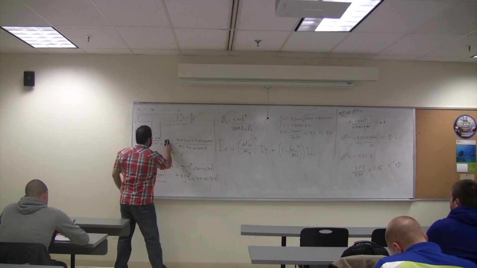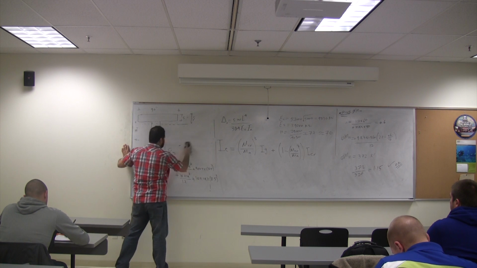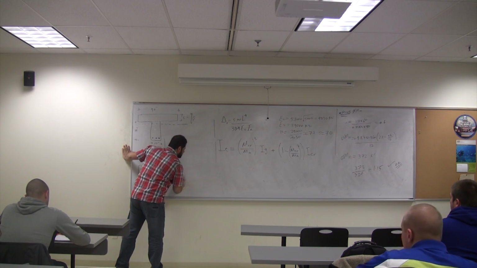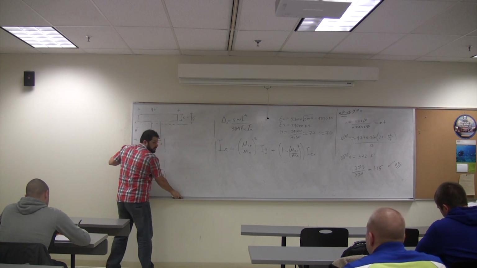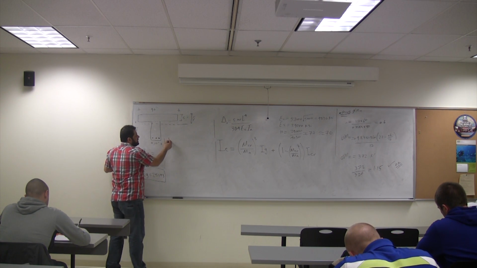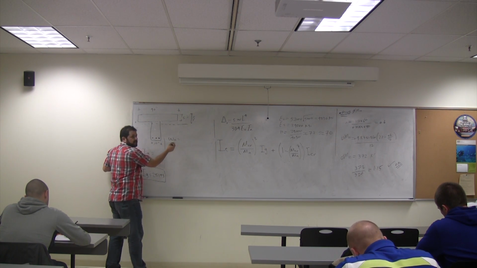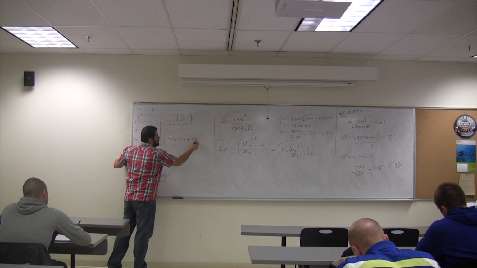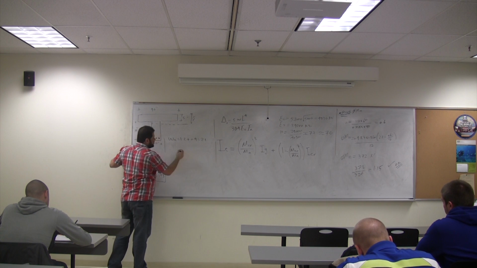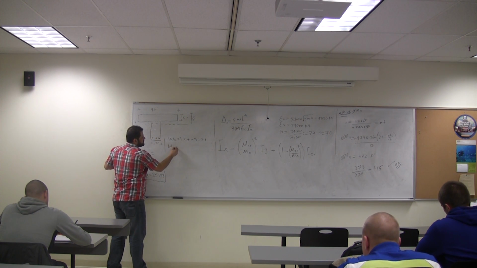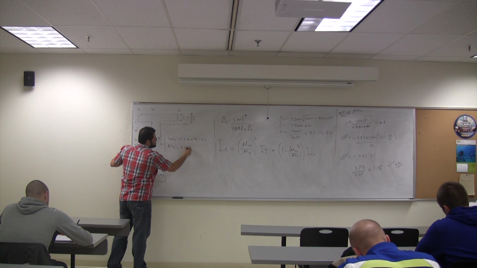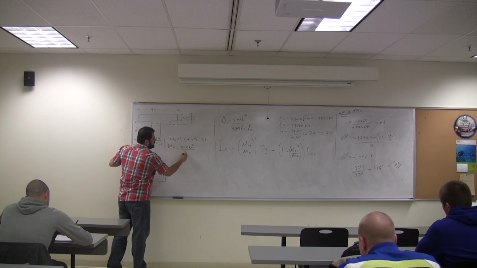What's MA? What's the definition of MA? The maximum service load moment in the beam. What is WA, the service load? It's 1.2 plus 0.9, equal 2.1. So what's MA? It's 2.1 times 30 squared over 8.